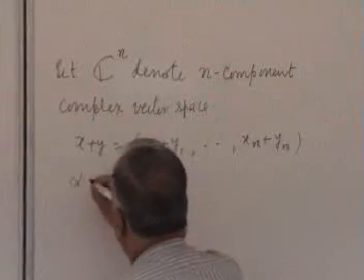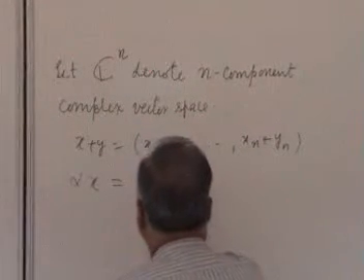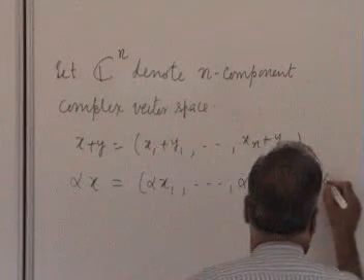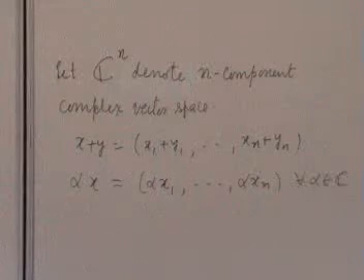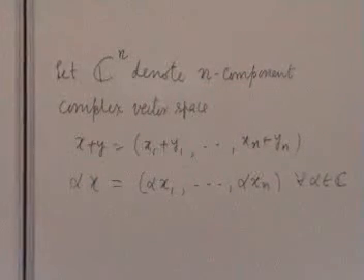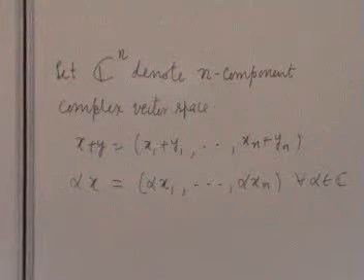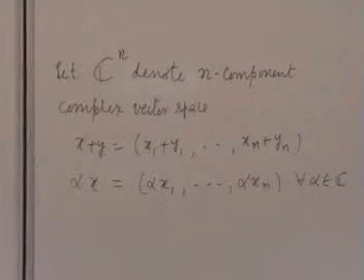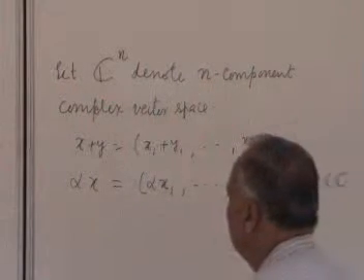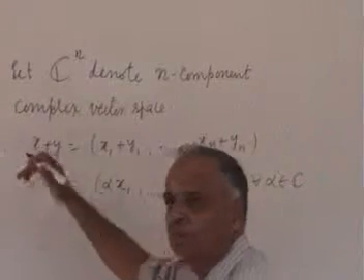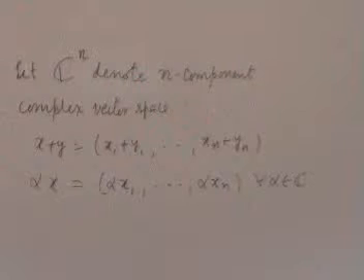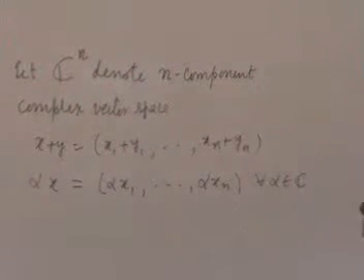Then if alpha is any complex number, we multiply a vector by component-wise multiplication. With these two operations, it becomes a vector space. That means superpositions are allowed. There is a zero vector, every vector has a negative vector. Whatever we normally do is all allowed. Okay? And the multiplication and this addition distribute, etc. The standard laws, everything that we like to do, are allowed. That's what it really means.